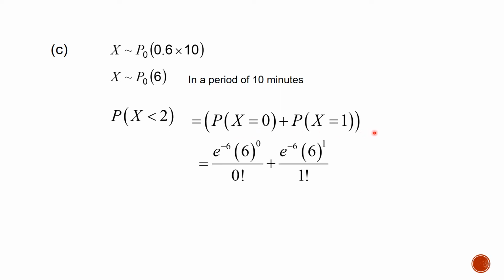So substitute x equal 0 into the formula, and substitute x equal 1 as in the formula with lambda 6. Okay, the mean is 6 in a period of 10 minutes. So calculate carefully. You have 0.01735. You round off to 4 significant figures.